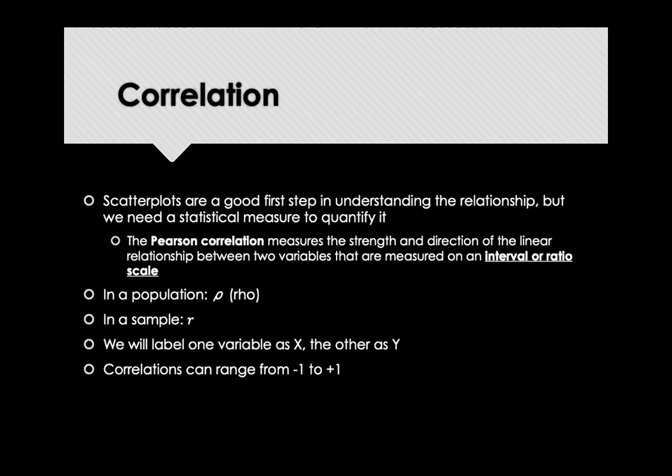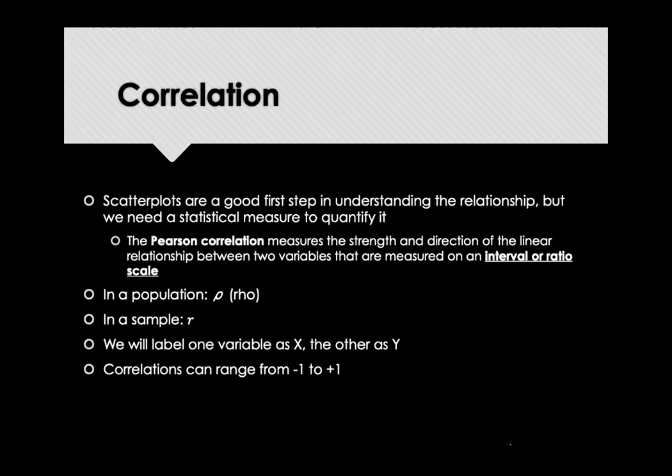We do want concrete numbers and calculations to more accurately measure a relationship. And the Pearson correlation measures the strength and the direction of a linear relationship between two variables that are measured on an interval or ratio scale.